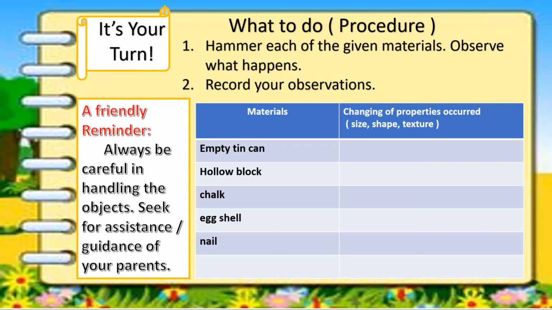On the other side, we are going to write down the changes of the properties that occurred: size, shape, or texture. A friendly reminder: always be careful in handling the objects. Seek assistance or guidance of your parents.